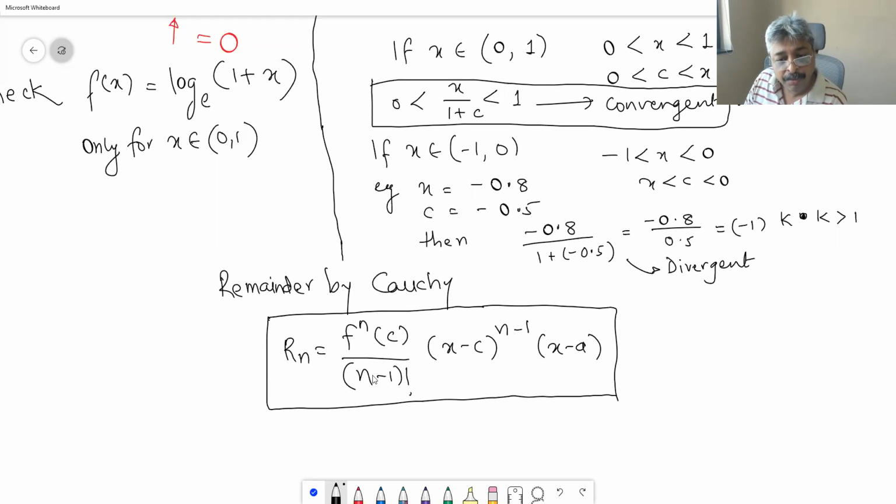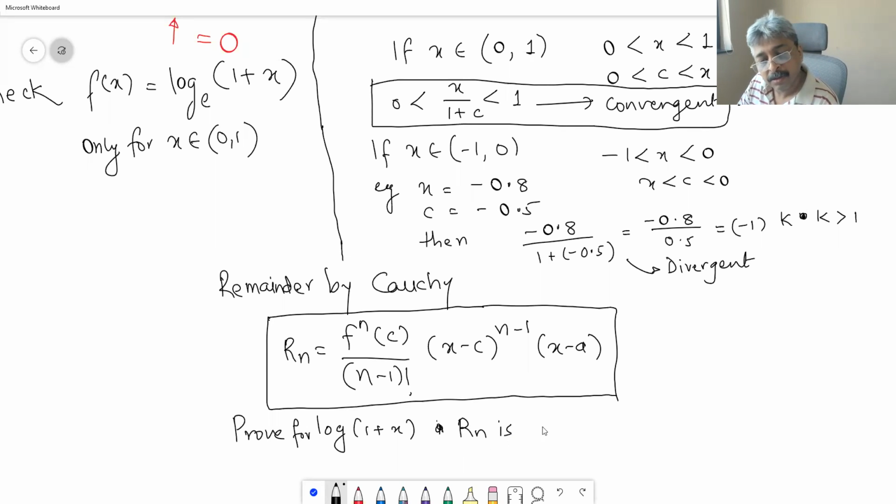And now, if I give you this as Cauchy's remainder, can you prove that for log 1 plus x, Rn is convergent for x belonging to minus 1 to 0?